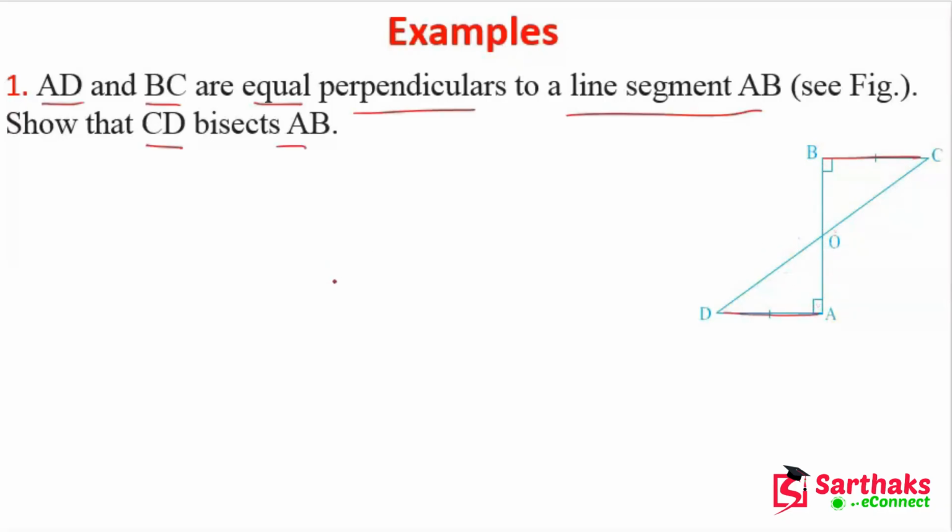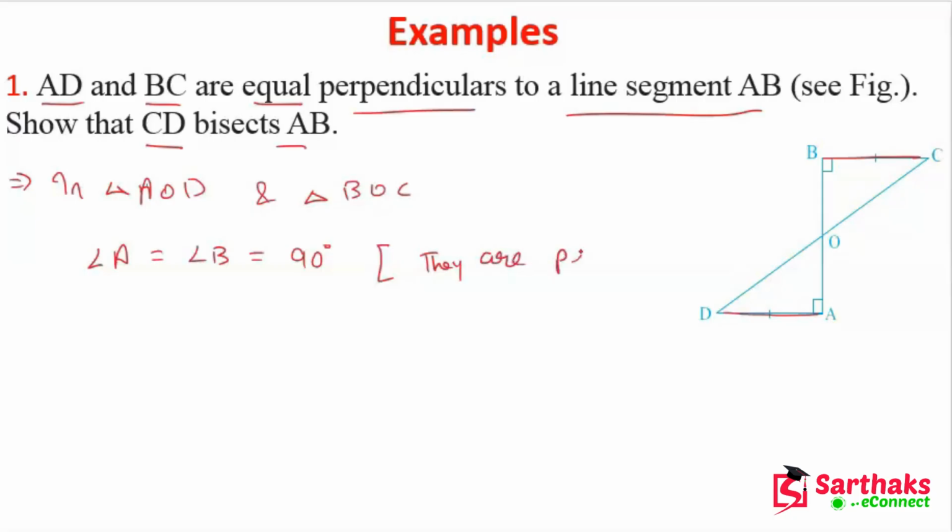So for proving this, first of all, in triangle AOD and triangle BOC, angle A is equal to angle B. They are perpendicular, meaning they are right angles, 90 degrees.